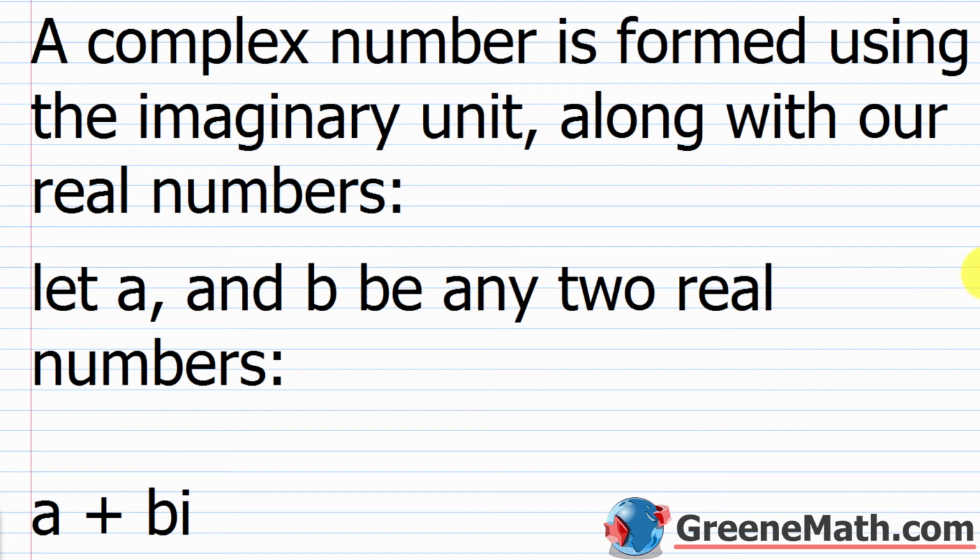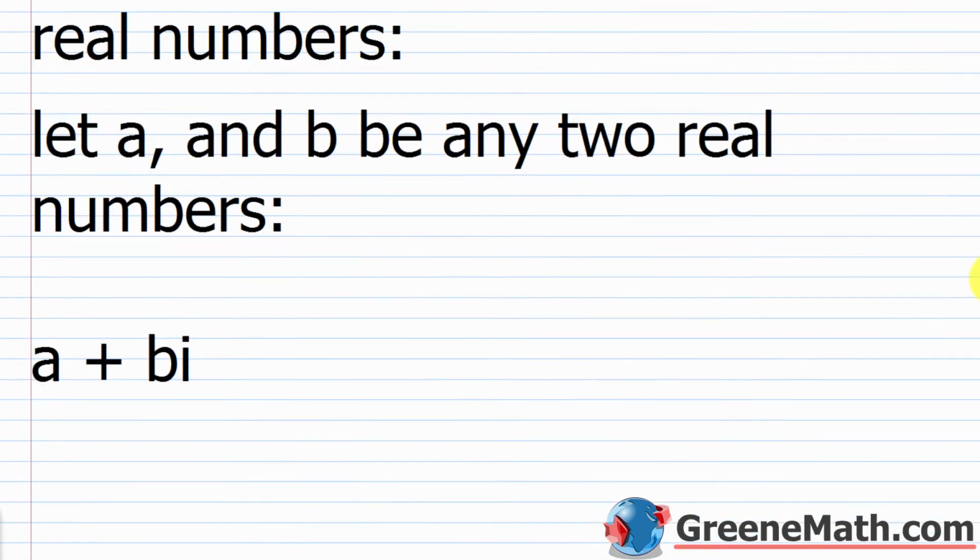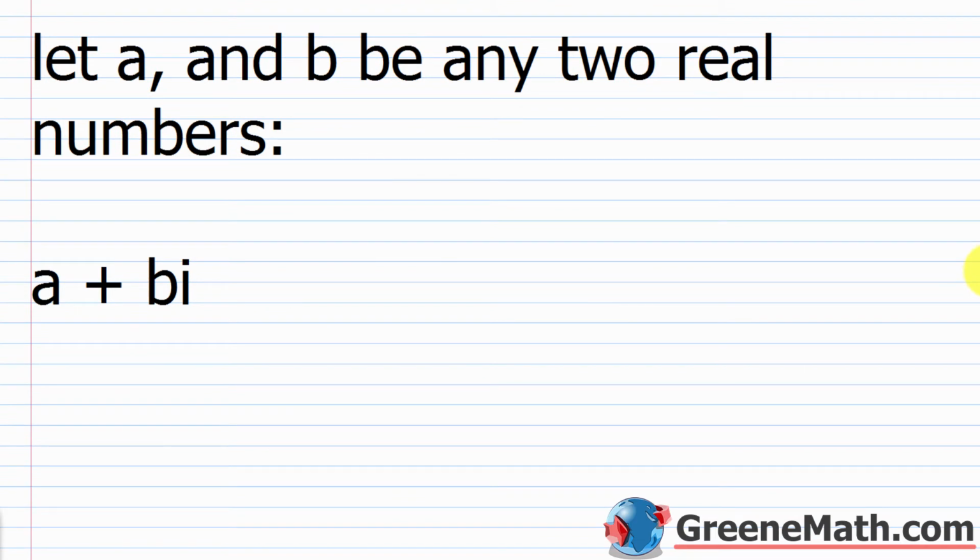All right, so let's talk a little bit about something known as a complex number. We're used to just the real number system. Now we're going beyond that. We're talking about the complex number system. So a complex number is formed using the imaginary unit i, along with our real numbers. You'll generally see this in your textbook written just this way.